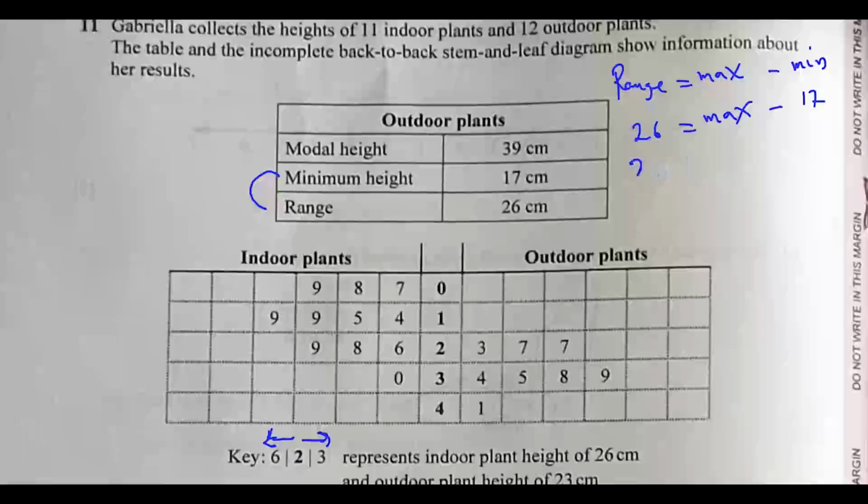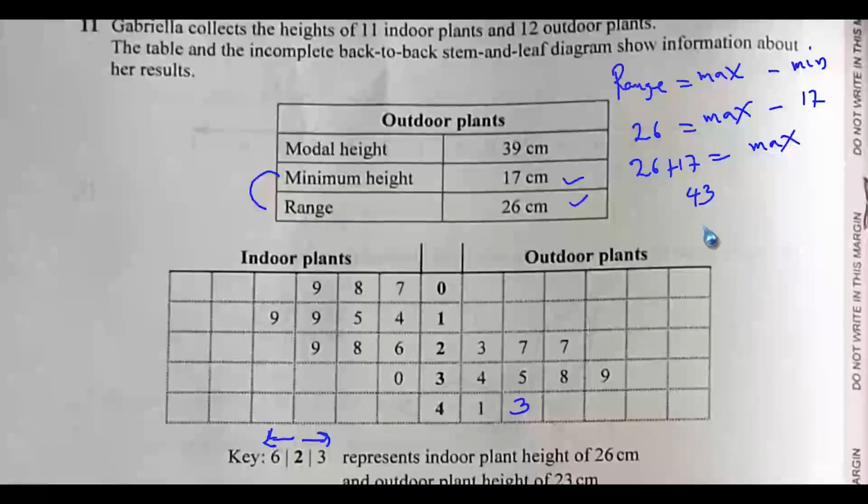Okay, so I can say 26 add 17. So that will be the maximum height there, and that will be 43. Okay, so you can come here. So we already have 4 1, that is 41. So we can put 3 here, so that will be for 43. That's the maximum height there. So that is what you will get if you combine the minimum height and the range. Okay, so you get the maximum.